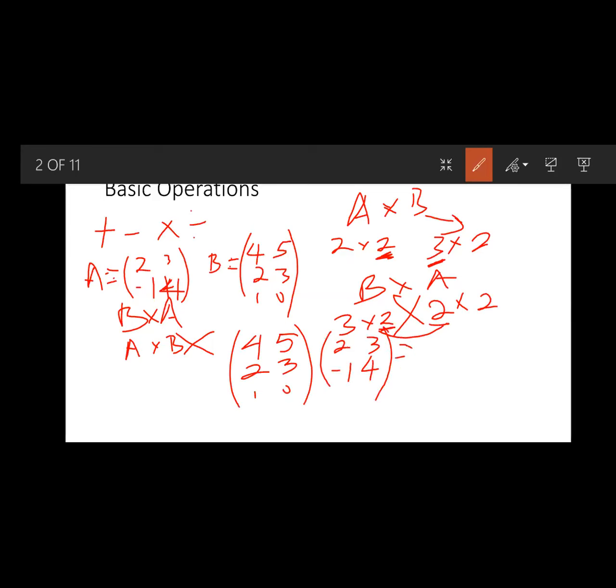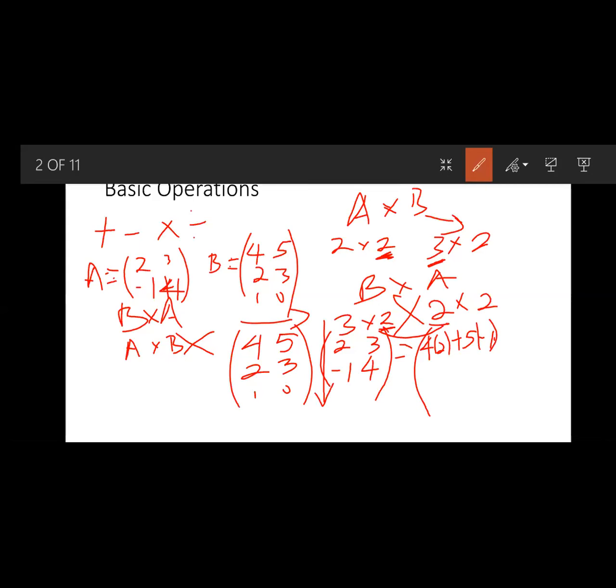So if you multiply, what do we have? We are going to do it like this, multiply by this. The row will multiply column. So we are going to have 4 times 2, plus 5 by minus 1.